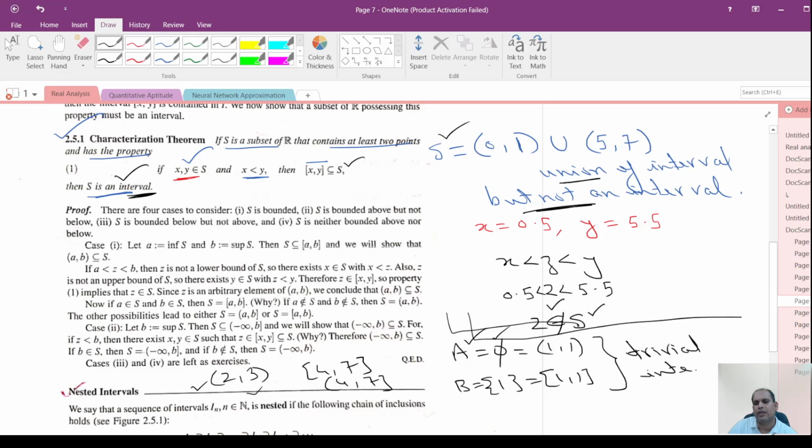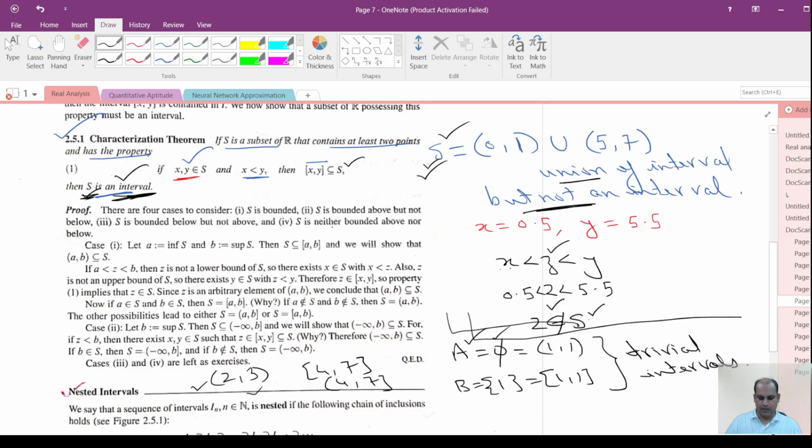So overall, remember that whenever we call any subset of real numbers an interval, this means for each z lying within x, y, where x and y come from that set, z also has to be within the set. If there exists at least one element which is not a member of the set, then we will say that this subset is not an interval. We will use it in some proofs.